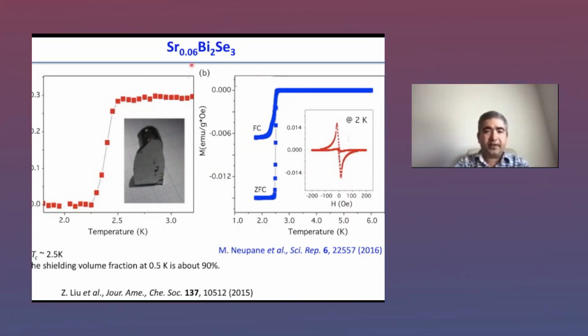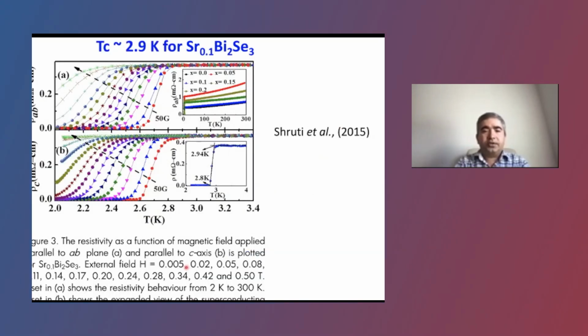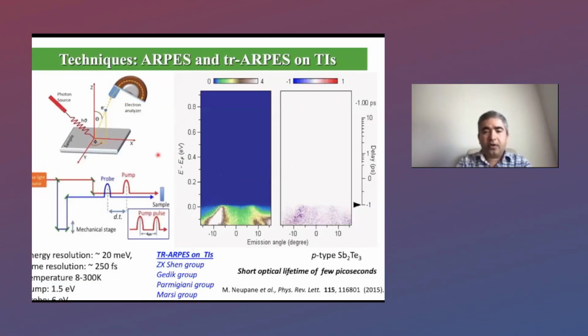We did 6% strontium doping on bismuth selenide, and you can clearly see a very sharp superconducting transition with Tc around 2.5 Kelvin, and the shielding volume fraction is as large as 90%. Other groups also reported even more than that. With varying doping, the Tc can reach close to 3 Kelvin, as reported by other groups.